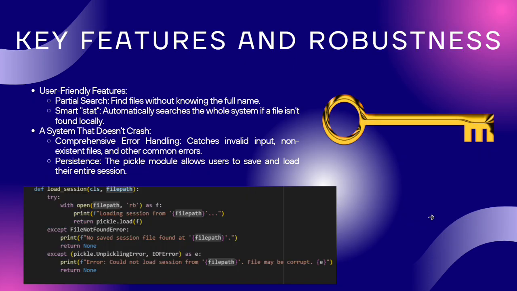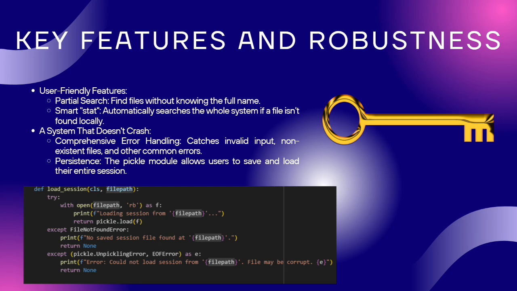Next, let's look at the key features and robustness of this system. Beyond just the data structures, the project also focuses on being robust and user-friendly. So one of the key features is that the search and set functions are designed to do what users likely mean, like searching case insensitively or system-wide if a file isn't found in the current directory. Second, and the most important one, is that the system is designed not to crash.